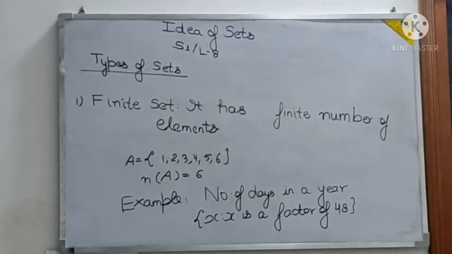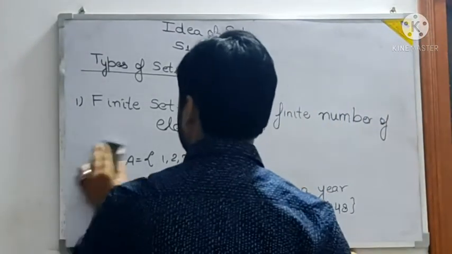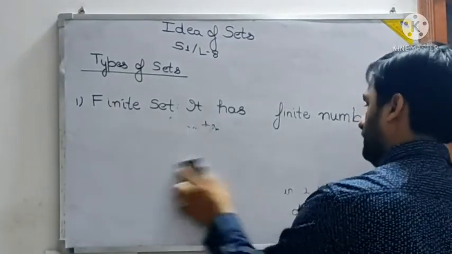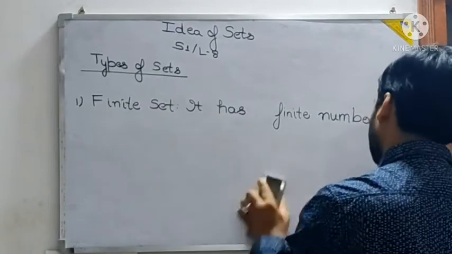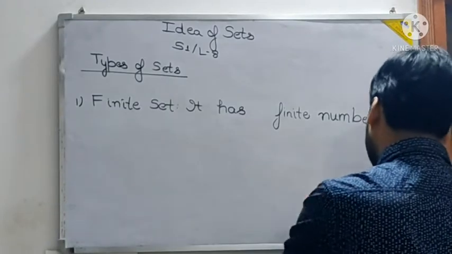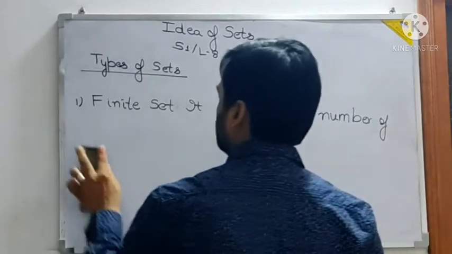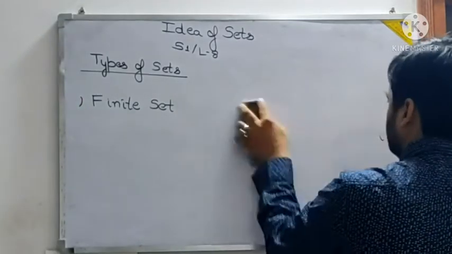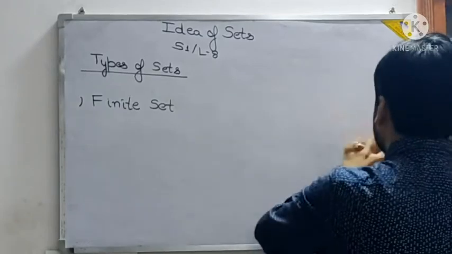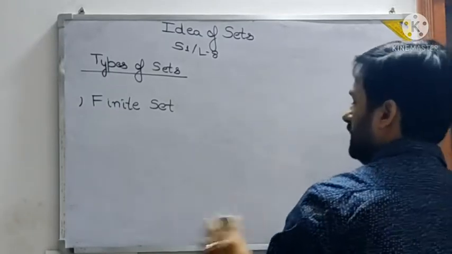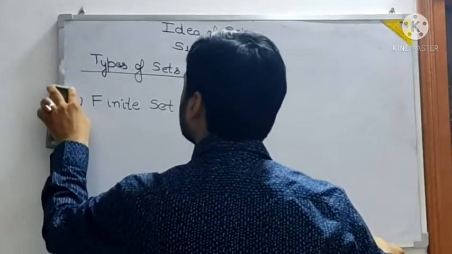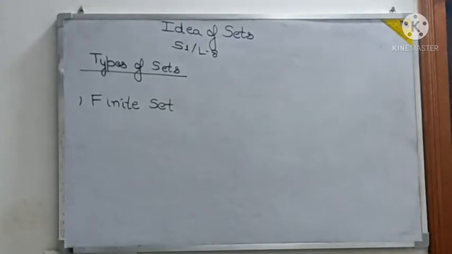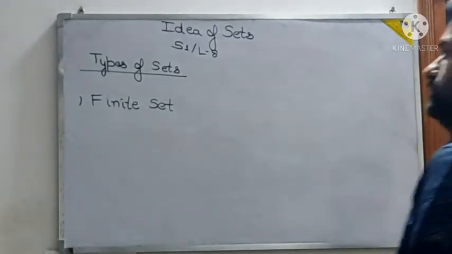Next is infinite set. For an infinite set, the number of members you cannot count, because they are infinite.